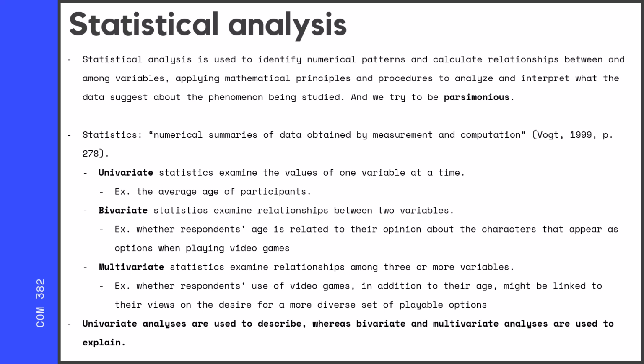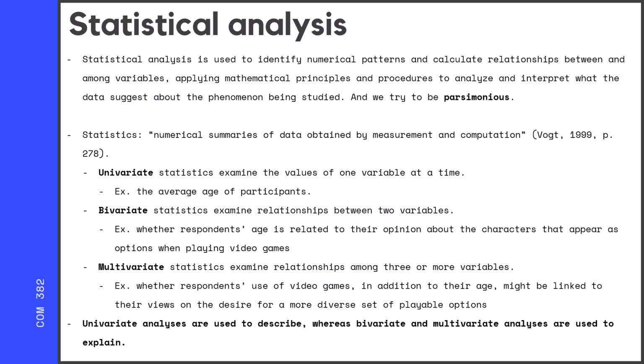So for example, if age is related to the opinion about the character options when playing video games. Multivariate statistics are three or more variables. So if people's use of video games in addition to their age might be linked to their desire for a more diverse set of playable options. So univariate analyses are used to describe, whereas bivariate and multivariate analyses are used to explain.